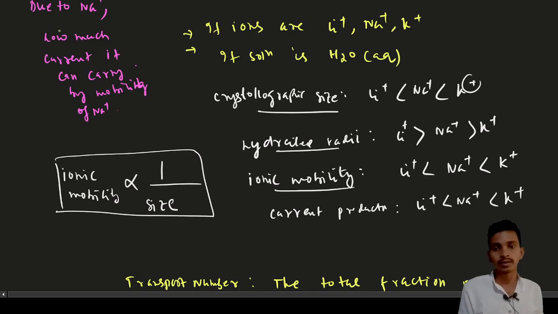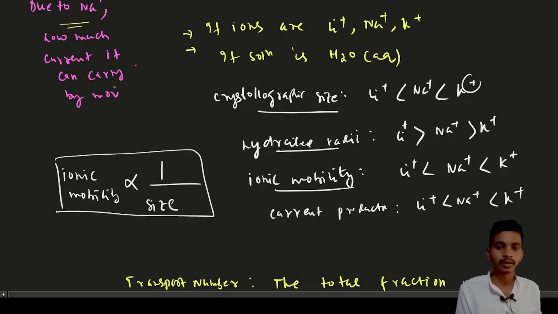Due to Na+ ions, how much current can it carry by the movement of cations?